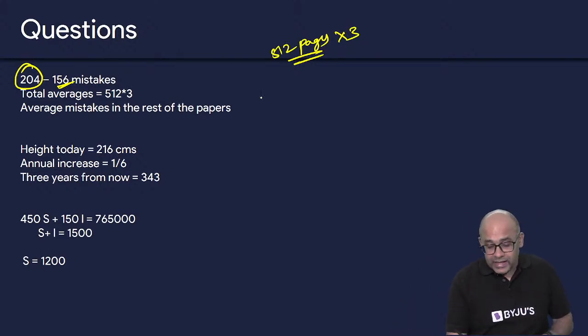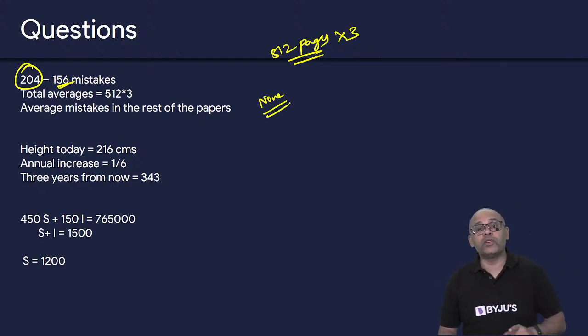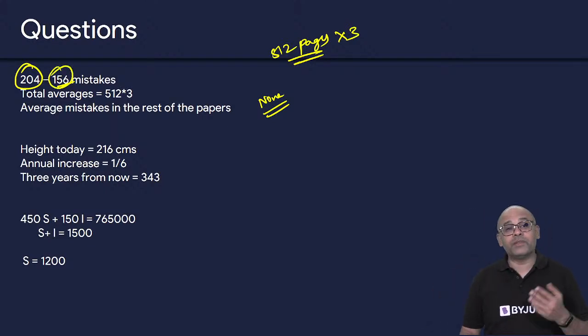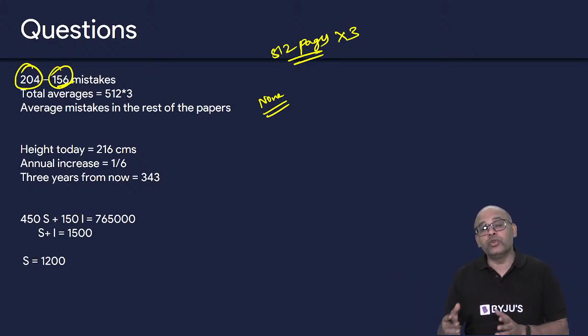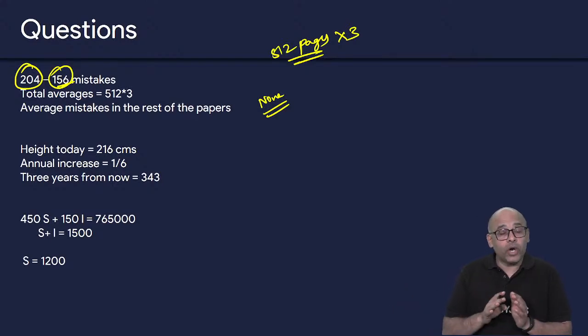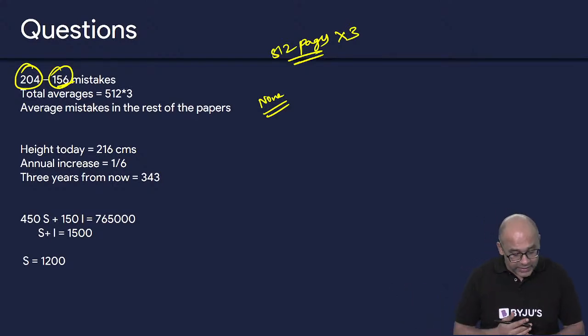So the answer is none of the above. None of the above was a part of the options. Because in the initial 204 pages you have fewer mistakes, 156, and in the remaining pages the mistakes have to be higher. So when you do that calculation, you'll get 4 point something. That option was not there, therefore the answer is none.